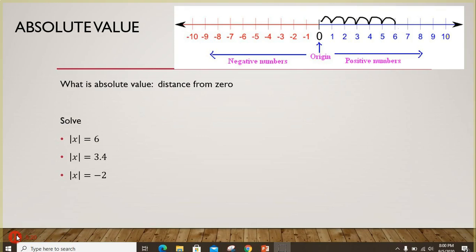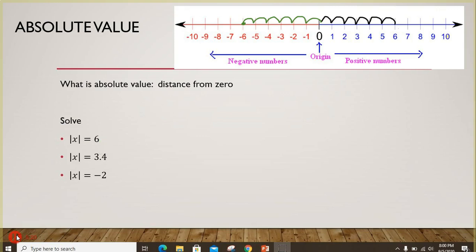Well, there's actually another number that has the same absolute value, or the same number of hops away from zero, and that is -6. When we look at -6, even though it's coming from the left, it still has the same distance, 3, 4, 5, 6. So when looking at this equation, this is asking us what two numbers can I put inside of the absolute value that have a distance of 6?